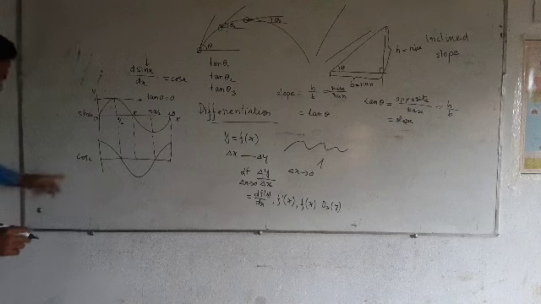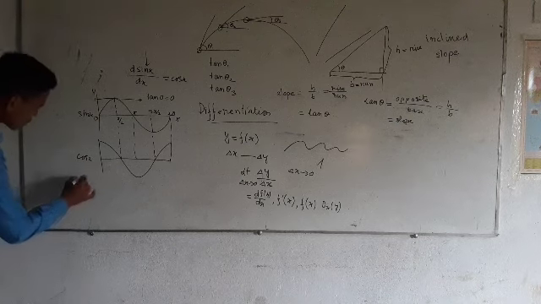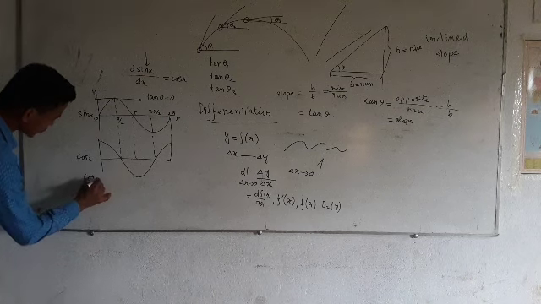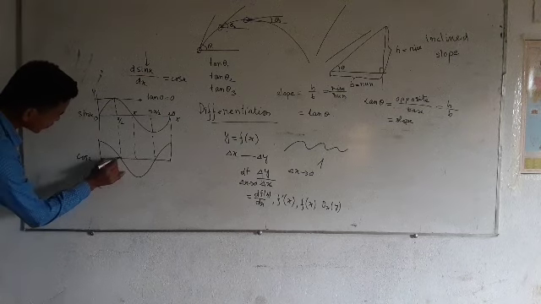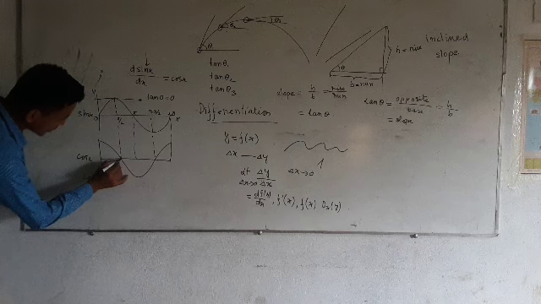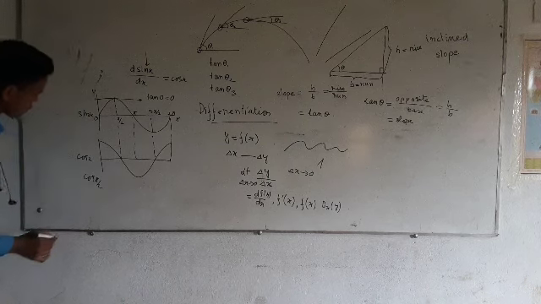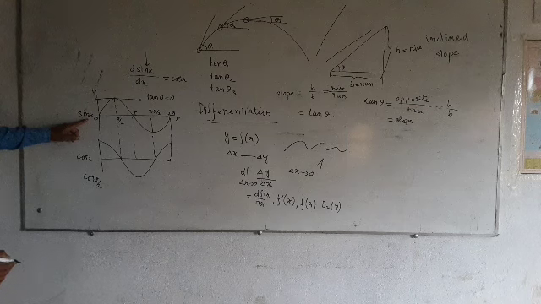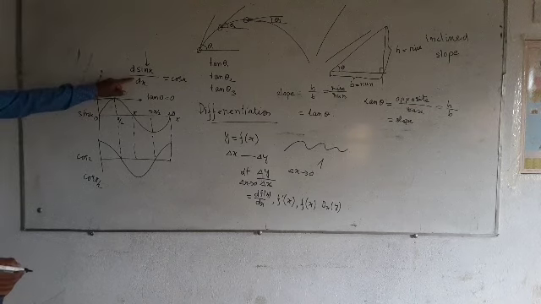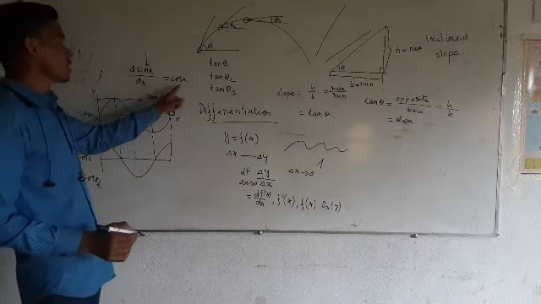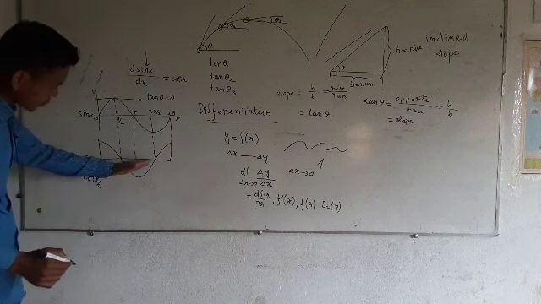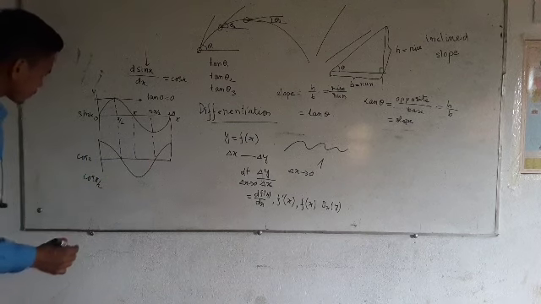Let us find the value of cos x at pi by 2, which is 0. From this graph of cos x, this value corresponds to 0. Therefore, it is verified that differentiation of sine x with respect to x gives cos x and represents the slope of the curve sine x at pi by 2.